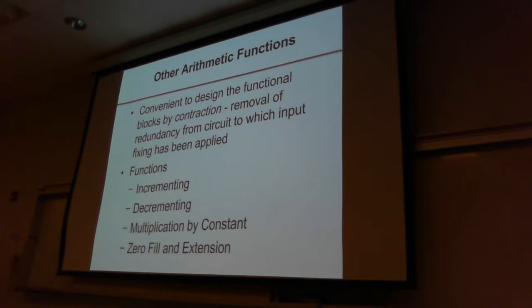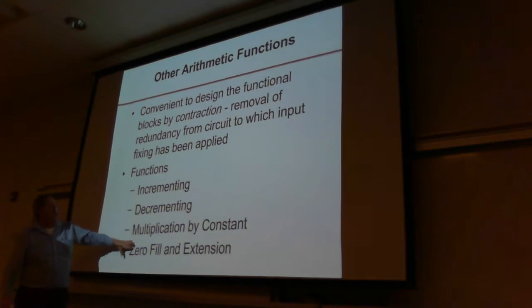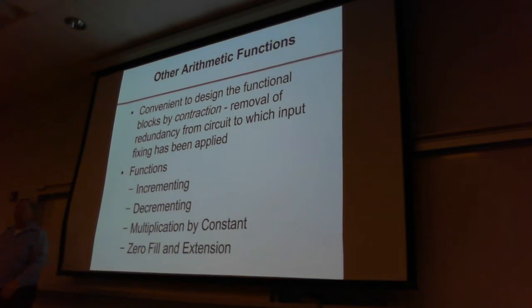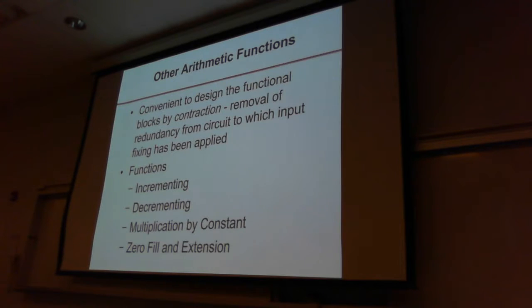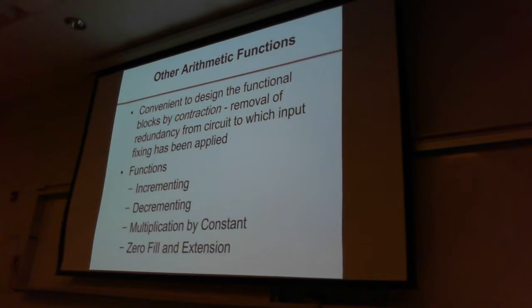Okay, so the circuits that we're looking at, of course, are incrementing circuits, decrementing circuits, multiplications, and we also have these other circuits called zero fills and extensions, which may sound obvious, but we'll go through some definitions here to make sure we understand.